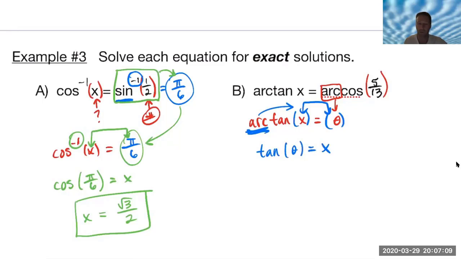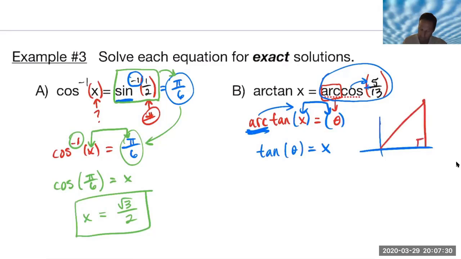So in order to find or solve this solution for x, all I need to know is what tangent of theta is. And if you remember, theta was derived from this side over here. And because cosine is positive in quadrant 1, I can go and draw this out over here. And I know cosine is always the x over the r. And therefore, I know that this is 5 and this is 13.